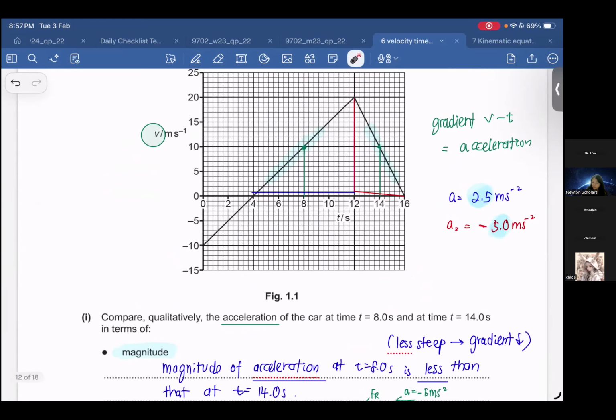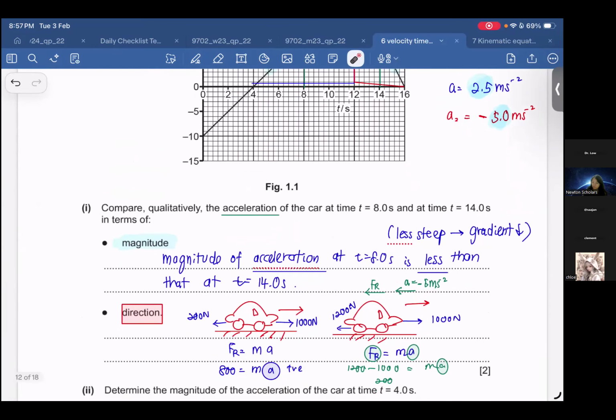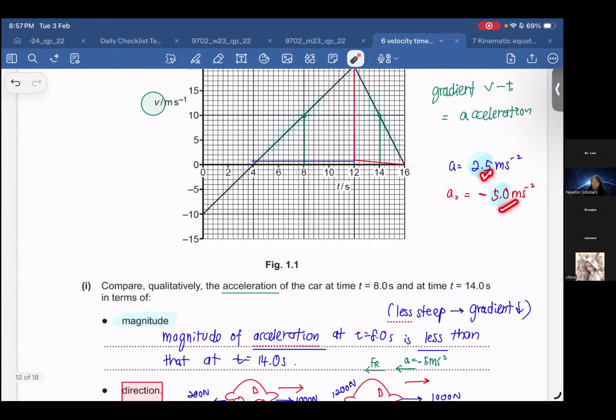if I do the calculation for this part, my acceleration is 2.5. Then I calculate for the second part here, I get negative 5.0 meters per second squared. Magnitude only compares this 2.5 and 5. If you compare the gradient, this one is less steep, this one is steeper. So our answer is: magnitude of acceleration at time t equals 8.0 is less, because 2.5 is less than 5.